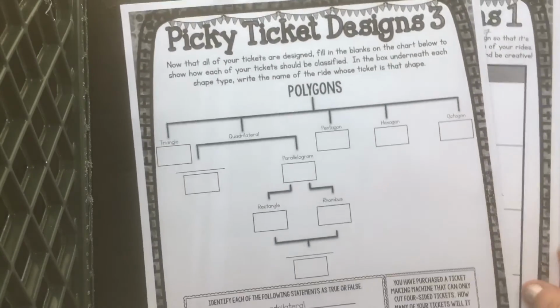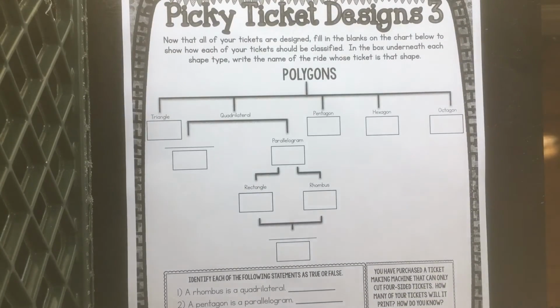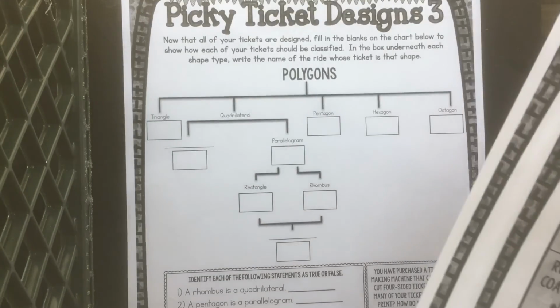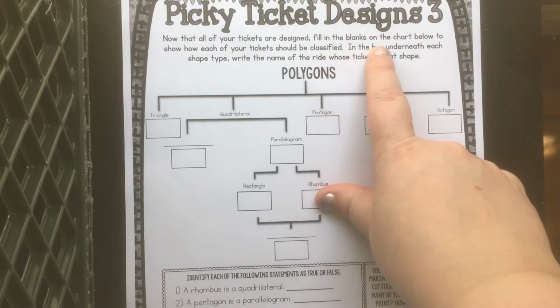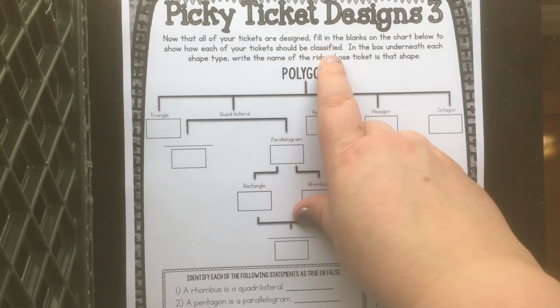And then the last one. In order to do this page, you have already had to do number 1 and 2. On number 1 and number 2, you've named the shapes and designed them, right? Well, on number 3, what you're going to do is write down, it says, now that all your tickets are designed, fill in the blanks on the chart below to show how each of your rides should be classified.